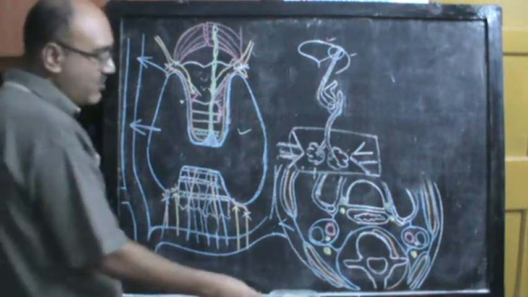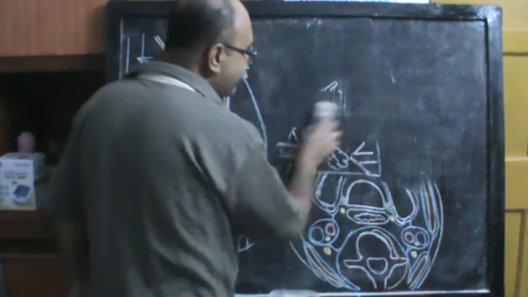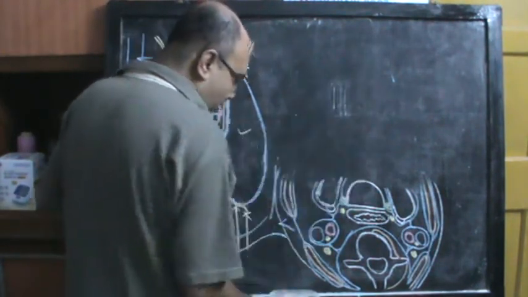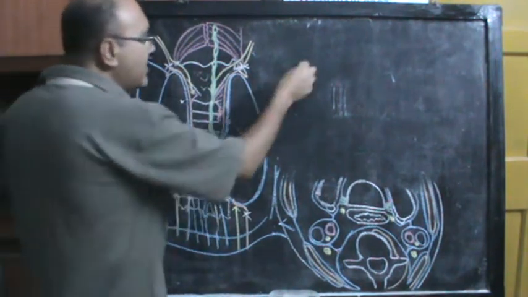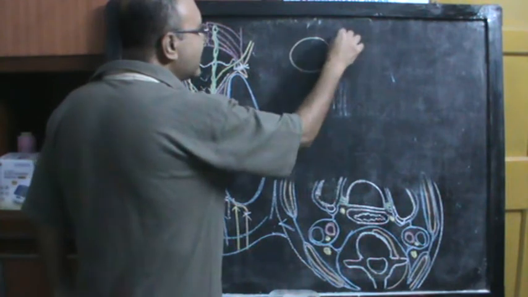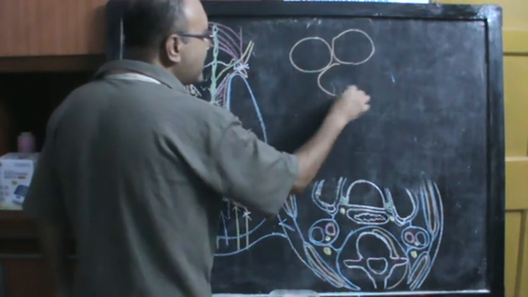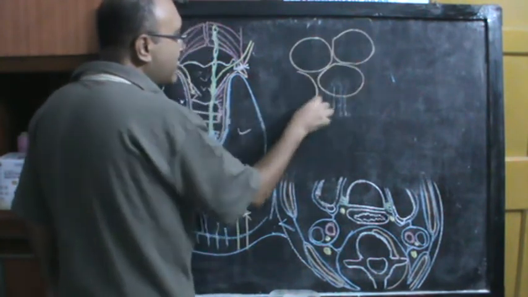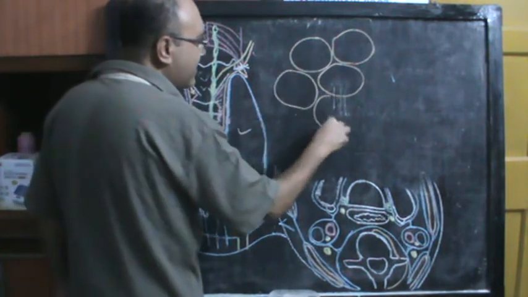Now as far as the histology of the thyroid gland is concerned, you already know that the stroma divides the thyroid gland into several lobules, and each of these lobules contains multiple follicles like this.